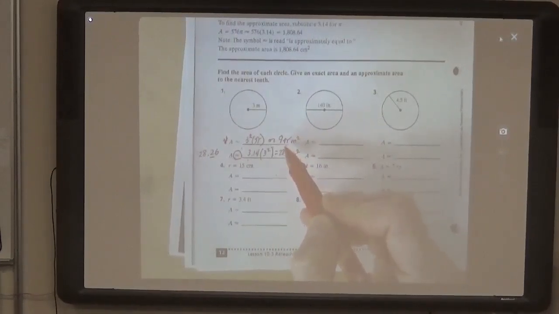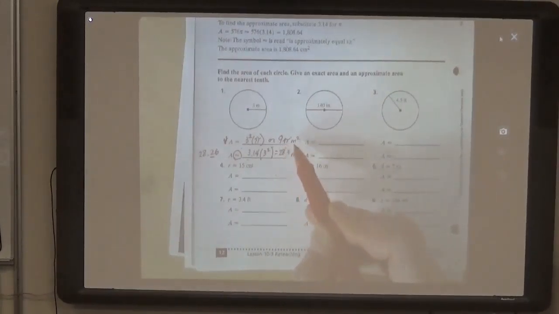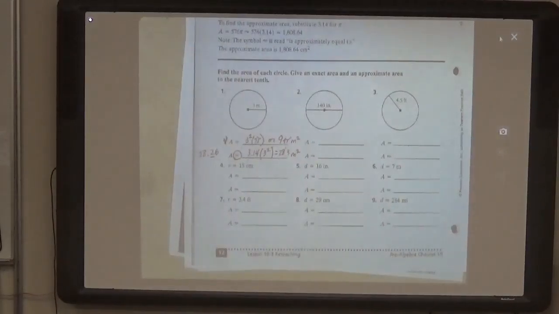What do you mean there is no answer? The answer is 9 times pi. Kind of like if the answer was 5x. Or, for example, when we were graphing equations, Garrett, y equaled 3x times 2 plus 2.